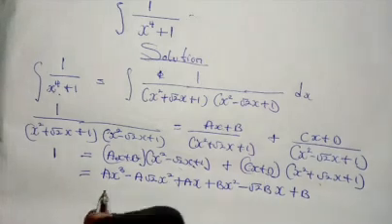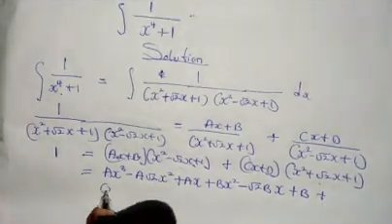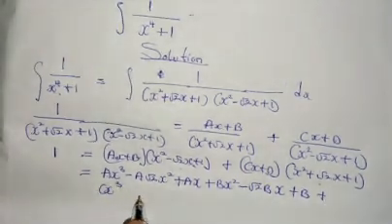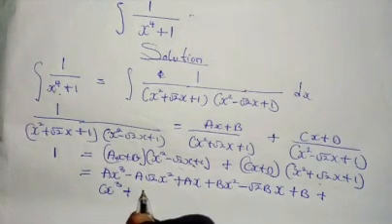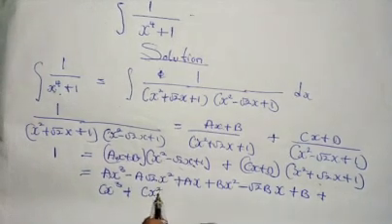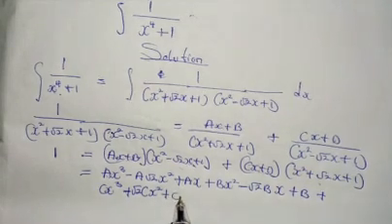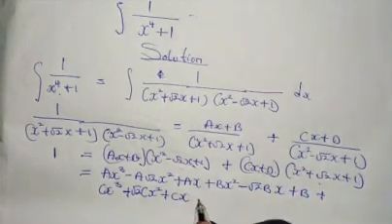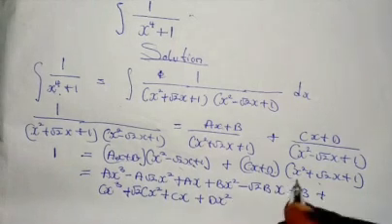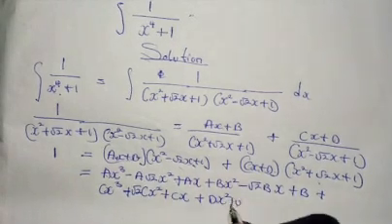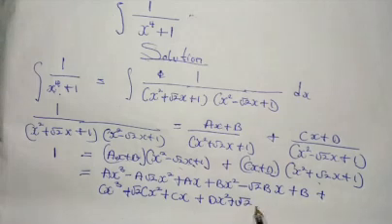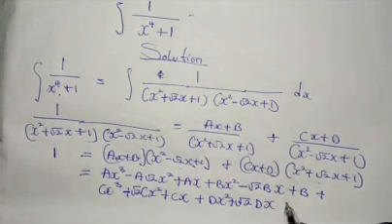For the second one, we are going to have plus c x cubed, plus root 2 c x squared, and plus c x. And for d, when you multiply through by d, we are going to have d x squared, plus root 2 d x, and we are also going to have plus d.